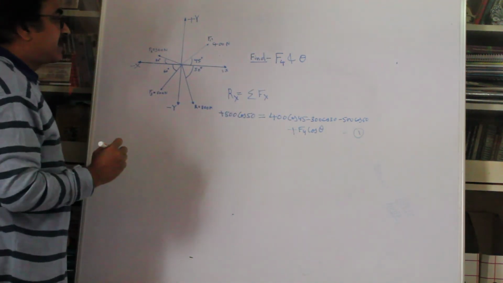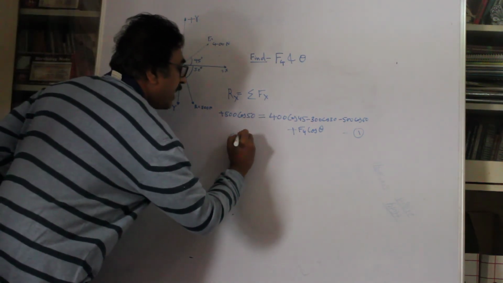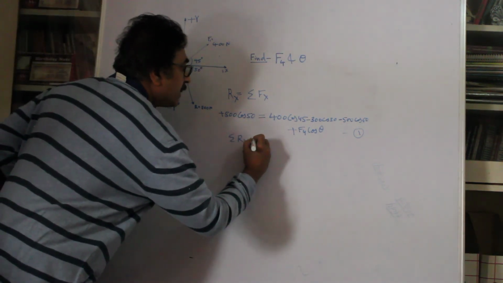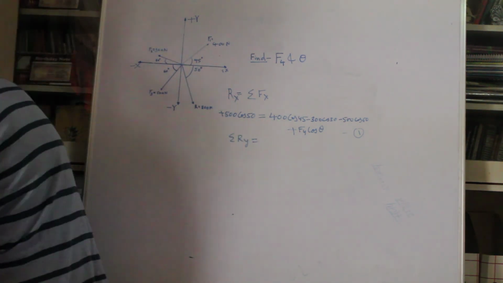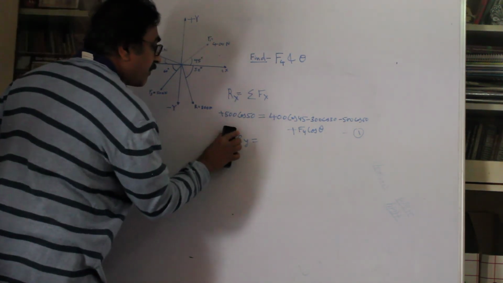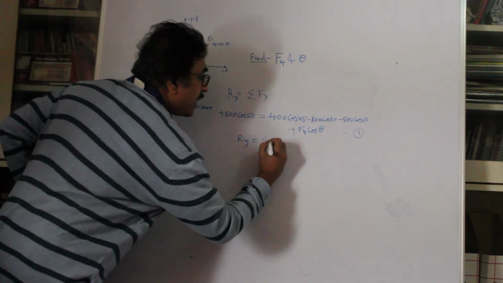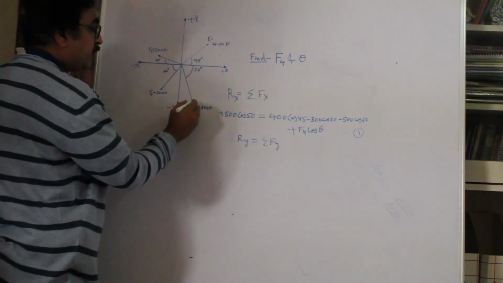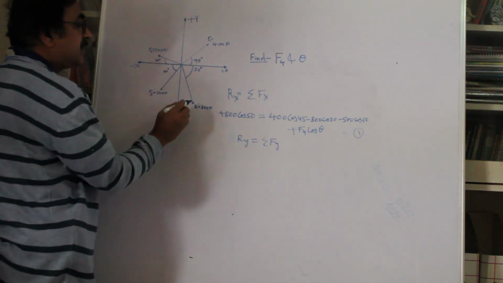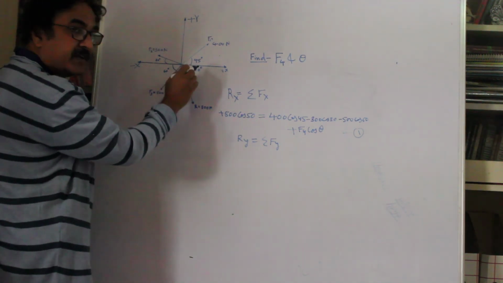Then we write the second equation. Similarly, we can say, not sigma, I'm so sorry, this is Ry, the vertical component of the resultant, equal to sigma Fy. So Ry, you resolve it vertically, that means it's going to be sine of the angle which this force makes with the x-axis.